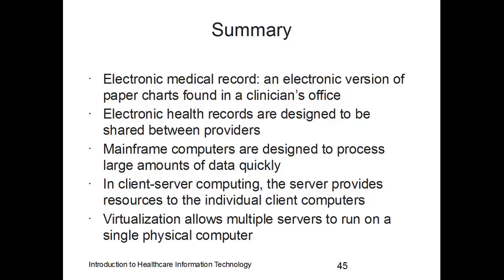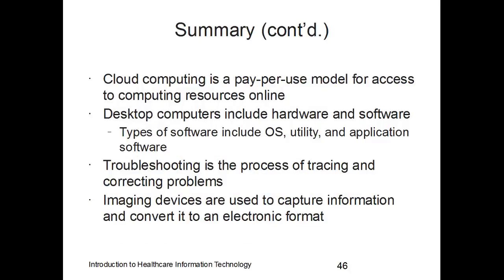Virtualization allows multiple servers to run on a single physical computer. Cloud computing is a pay-per-use model for access to computing resources online. Desktop computers include hardware and software, and types of software include the operating system, utility software, and application software. Troubleshooting is a process of tracing and correcting problems, and imaging devices are used to capture information and convert that information to an electronic format.